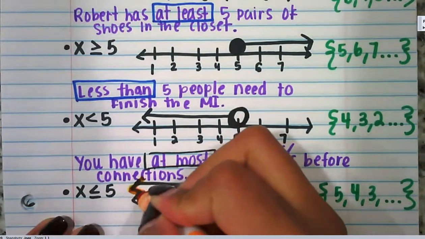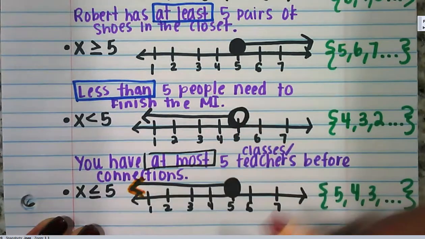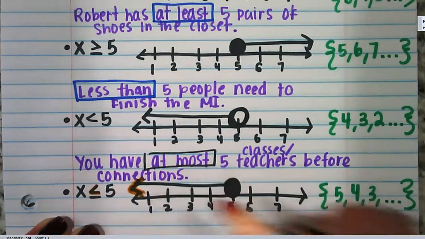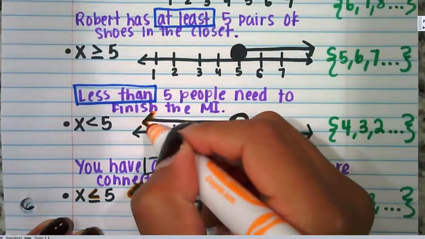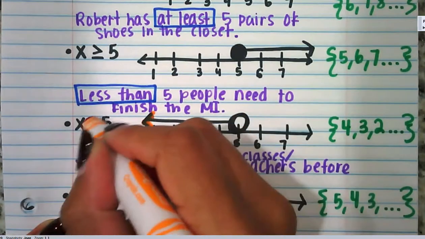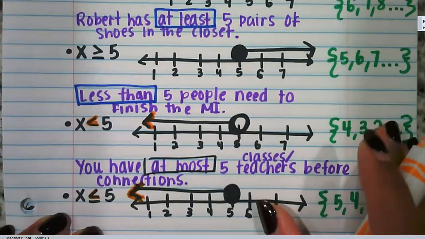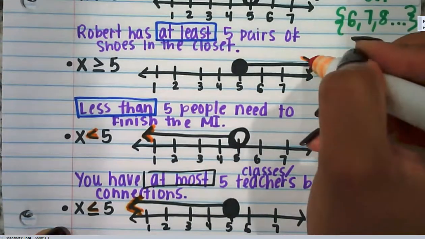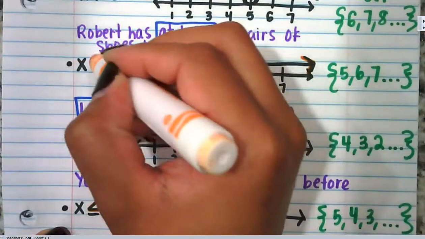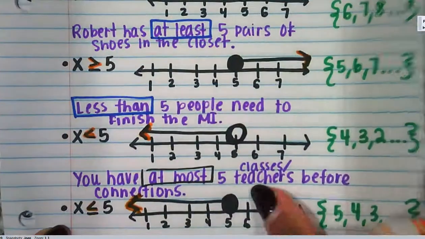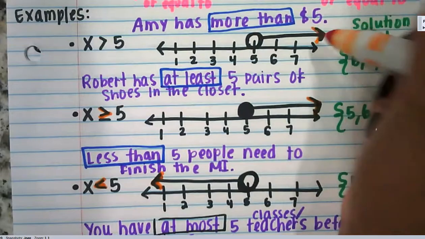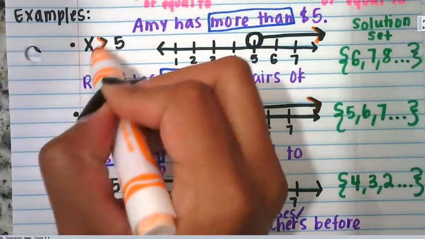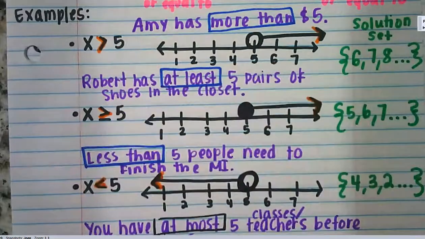When I look at my arrow, I also notice that that is the same direction as my inequality symbol. Look at your arrow. It is the same direction as your inequality symbol for each of them. But your variable would have to be first and then the number you're comparing.